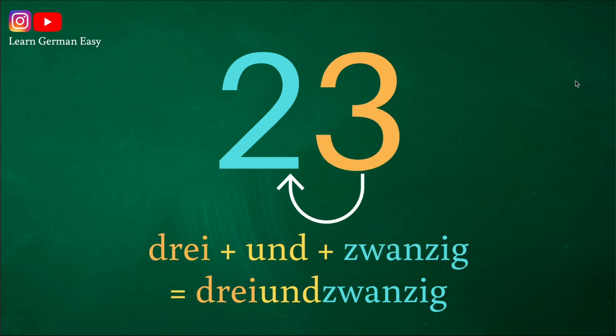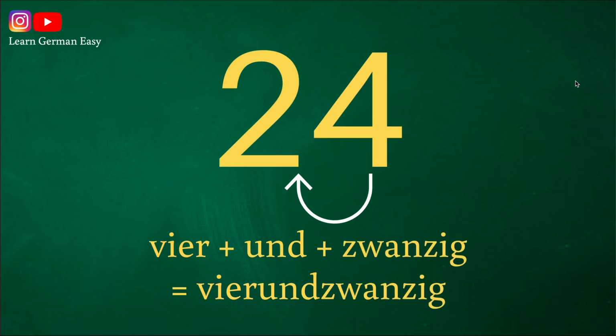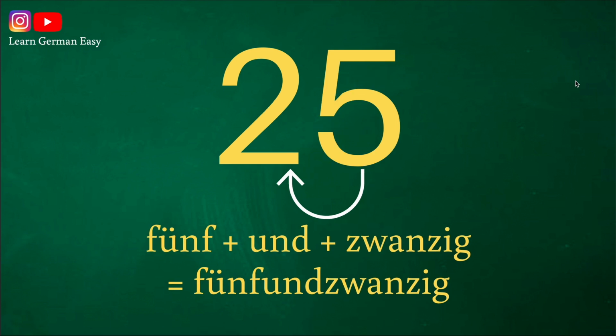It will be 3 and 20. 3 und 20. 23. 24. 4 und 20. 24. 25. 5 und 20. 25.